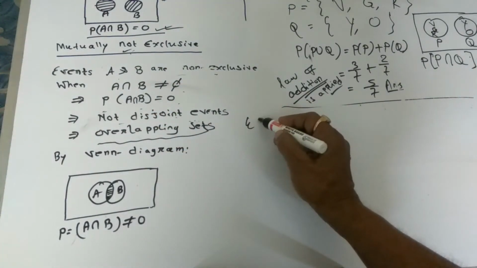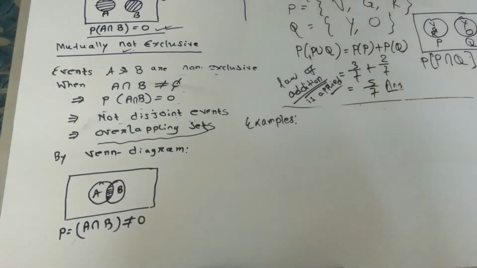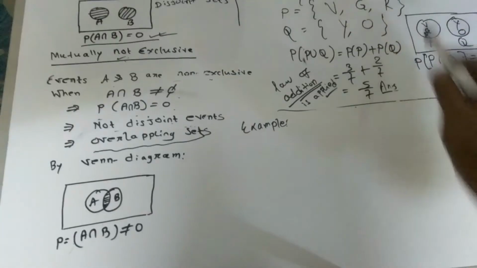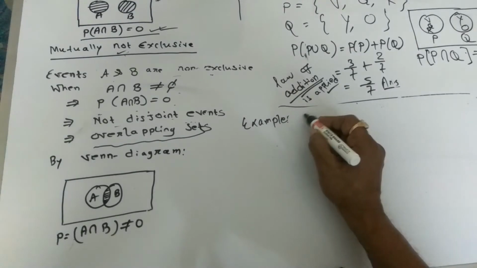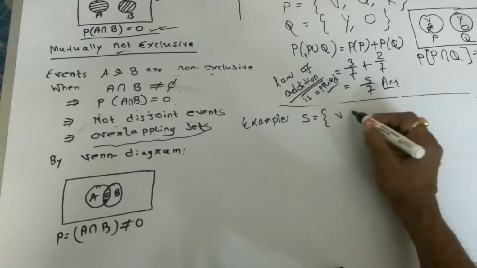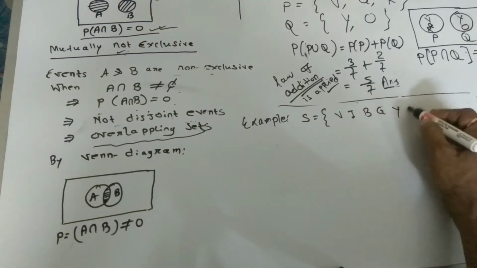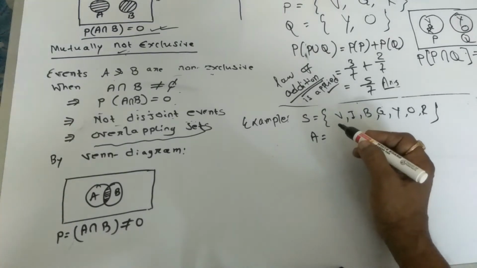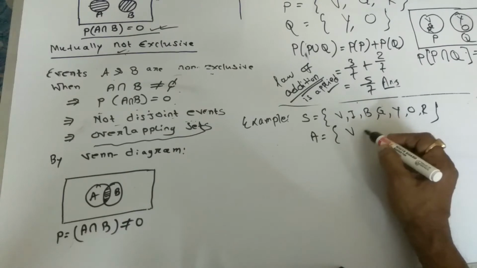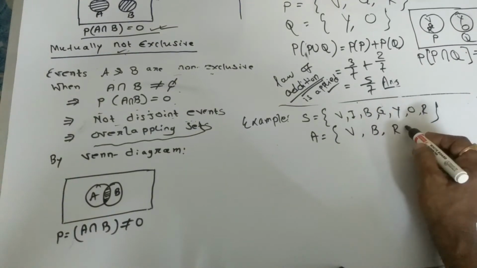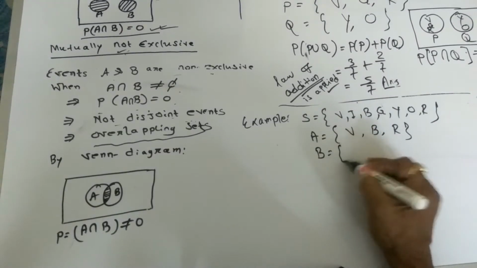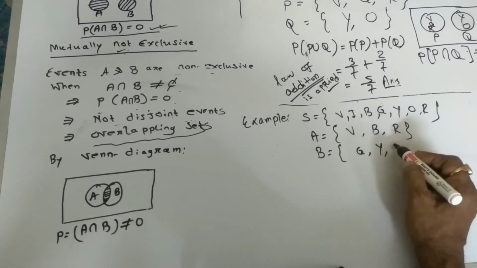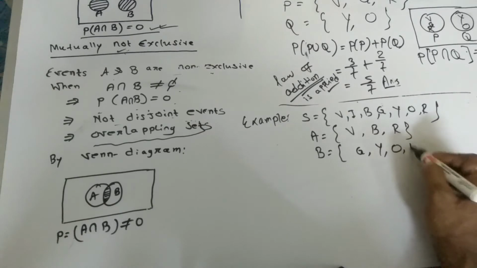For mutually not exclusive events, let's take the same sample space of 7 colors, and two subsets A and B. Suppose in A the colors are violet, blue, red, these 3 colors, and in set B green, yellow, orange and red.